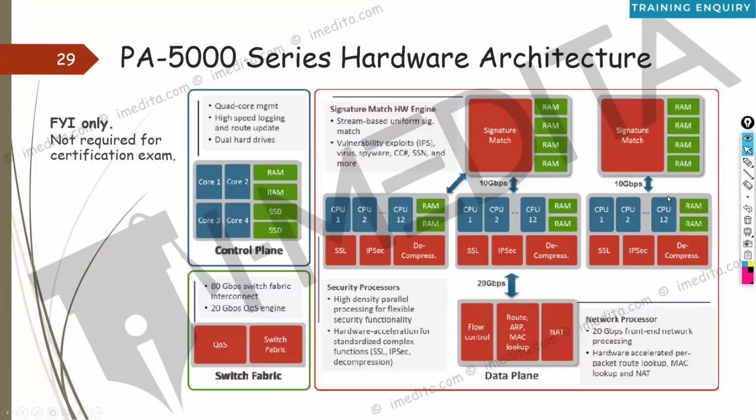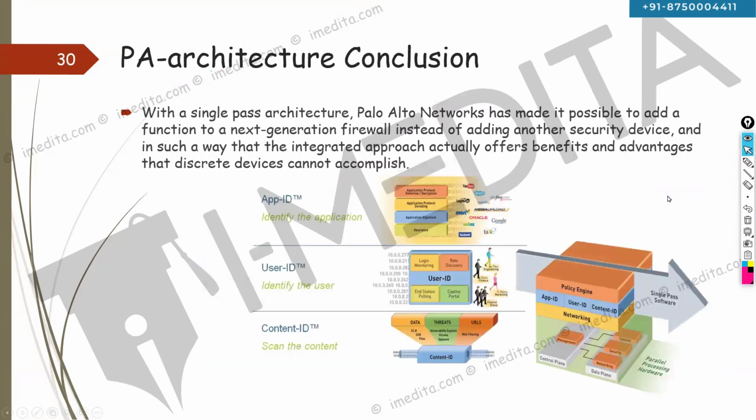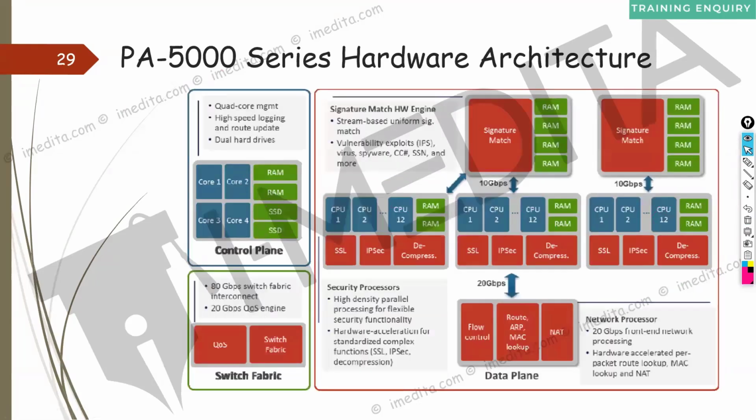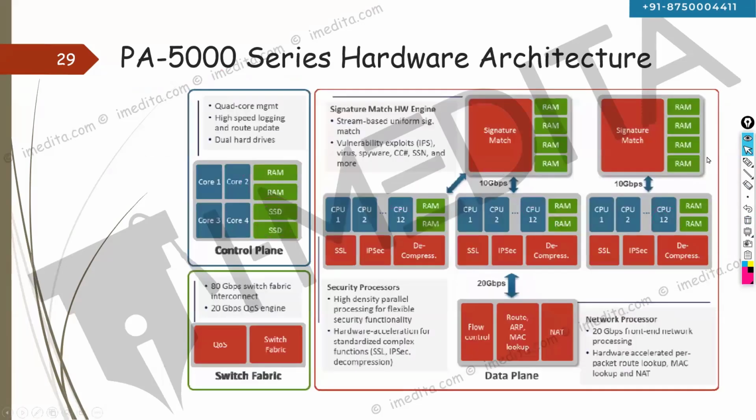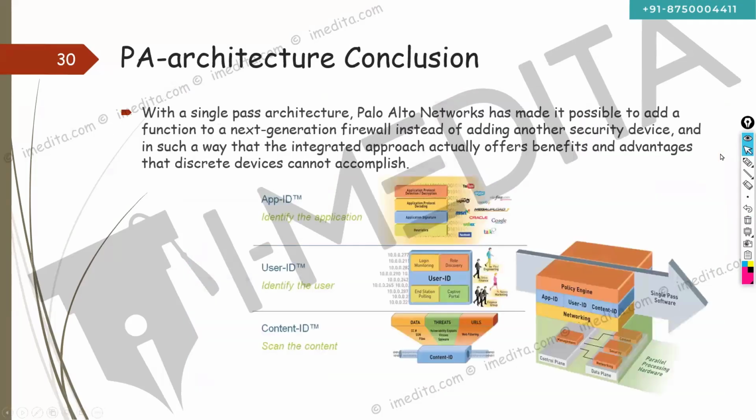Clear? Now, the Palo Alto conclusion. You have gone through these two slides: the 4000 series will provide you 10 Gbps throughput and the 5000 series firewall will provide 10 to 20 Gbps throughput. So now you have to conclude that there is no one better than Palo Alto. Same thing is here.